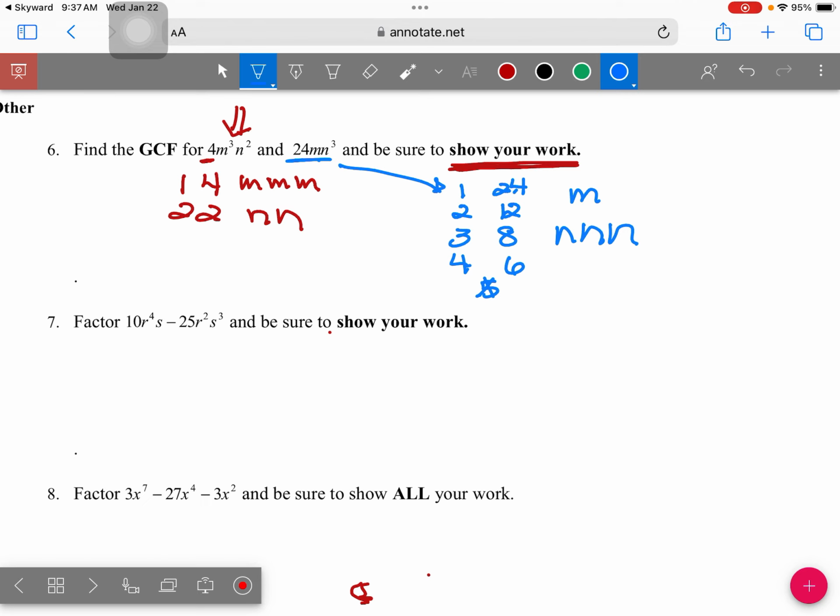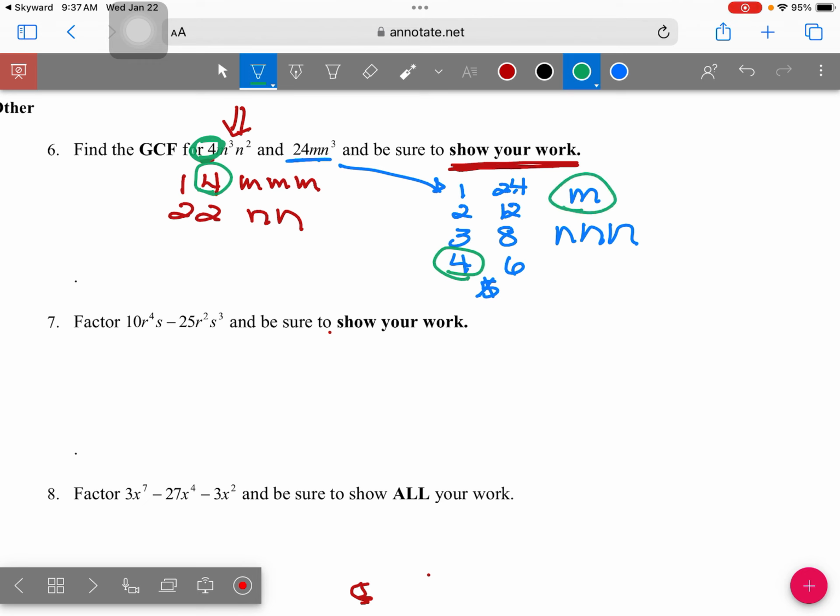So to find the greatest common factor, again, start over here with your smallest coefficient. 4 is a factor of here. 4 is also a factor of here. So that's got to be the largest because it's the greatest common one. How many m's can I factor out from them both equally? How many m's can I take away? 1.